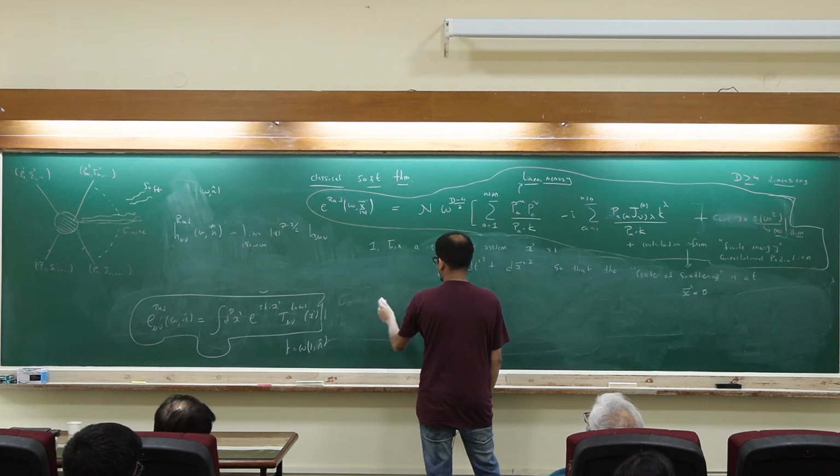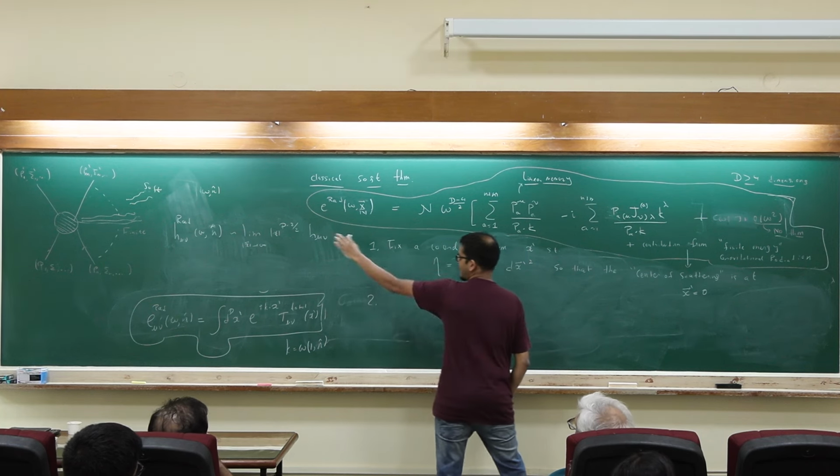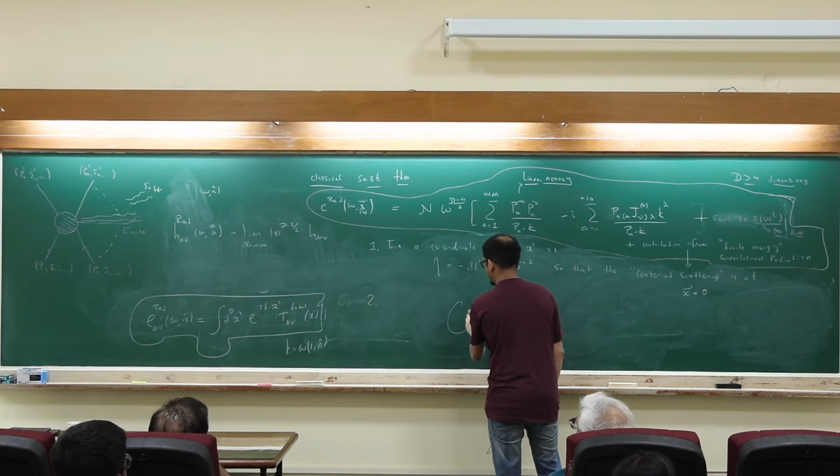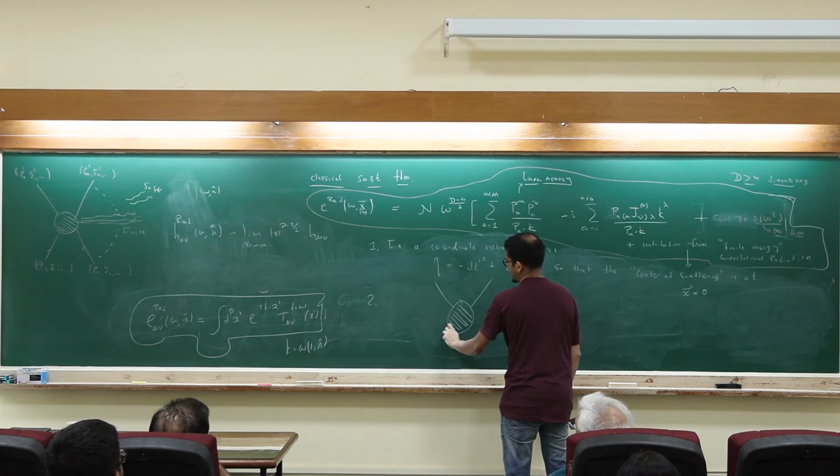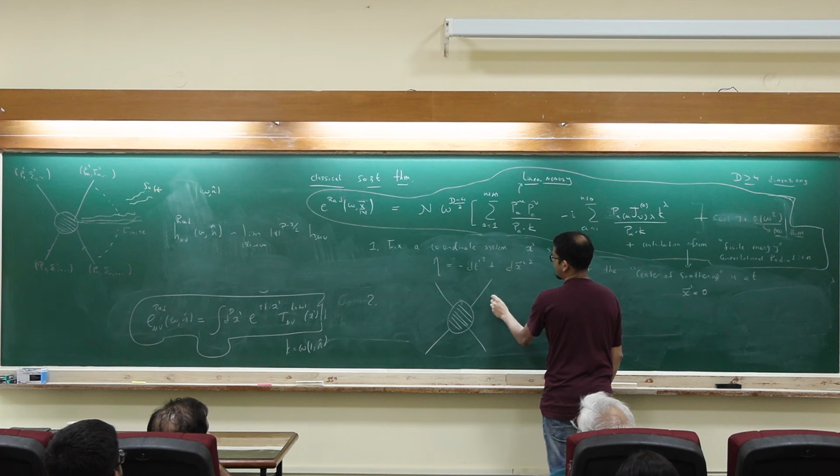And now the second thing is that we divide our process. So let me redraw it. Again, just to emphasize, as a first step, we will only look at radiation emitted from particles.